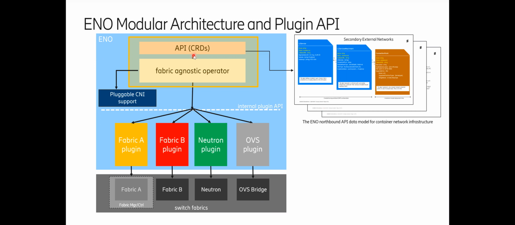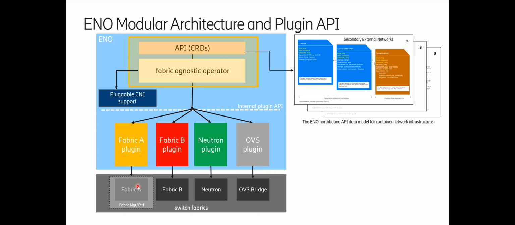And then there is a component called the fabric agnostic operator, which has an interface towards the southbound API and calls the corresponding fabric plugin based on the fabric being used in the customer deployment. Like I mentioned, it supports fabric agnosticity.